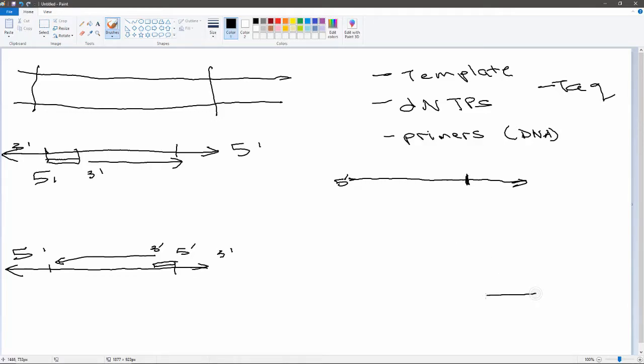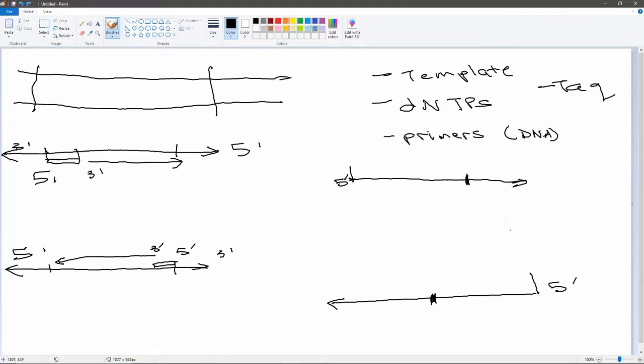And then for the other one, it'll continue like this, has its 5 prime end here, and the target sequence will still end here. So in both of these strands, we have one end of the target sequence the way we want it, but we still want to cut this part off, or we don't want this stuff.